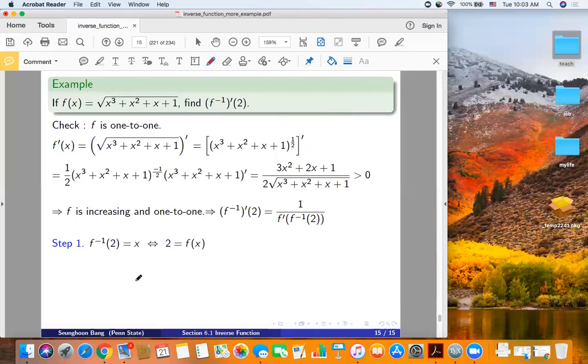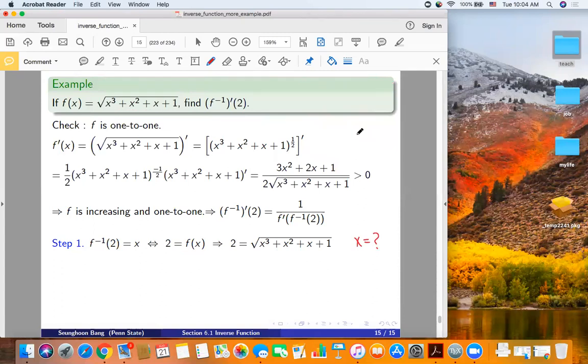You can use the definition: 2 equals f of x. What's f of x? f of x is the square root of x cubed plus x squared plus x plus 1. So 2 equals the square root of x cubed plus x squared plus x plus 1.